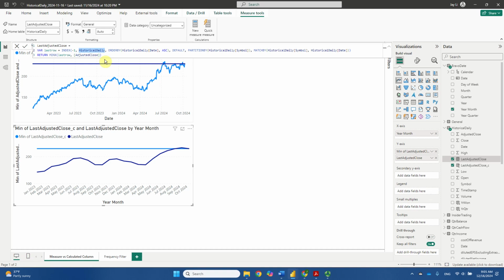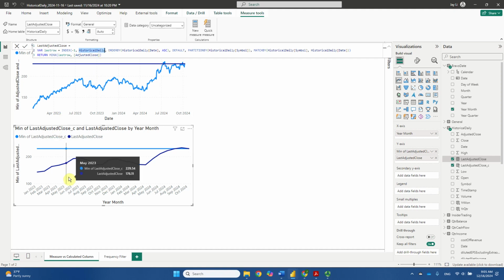However, once this whole definition is put into a measure, it's going to be affected by the particular data point we're looking at in a visual. So if we're looking at May 2023 in this visual, the index function is going to only process part of this historical daily data set, a subset which is only related to May 2023.